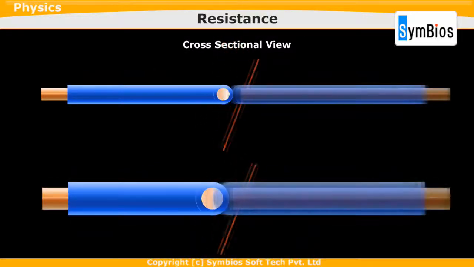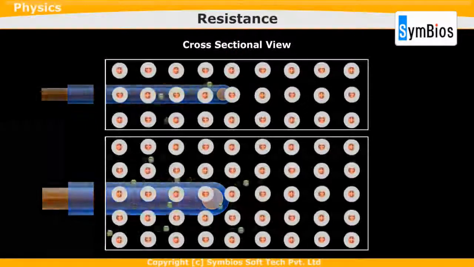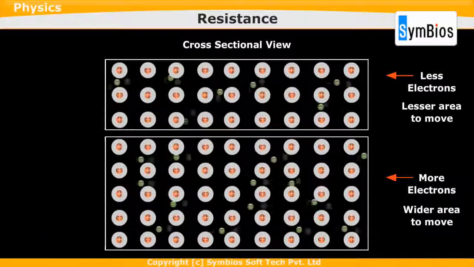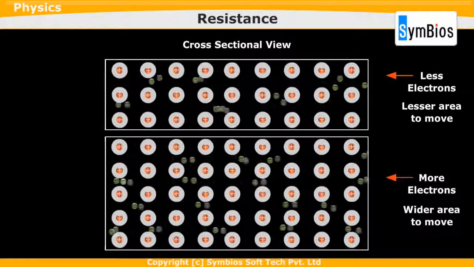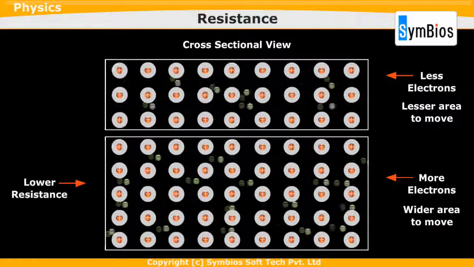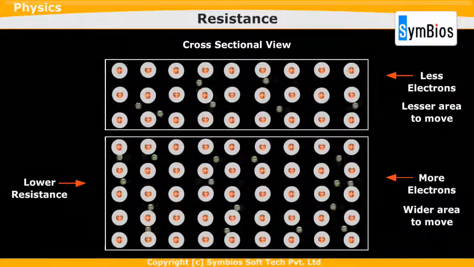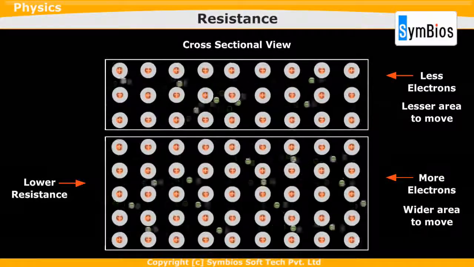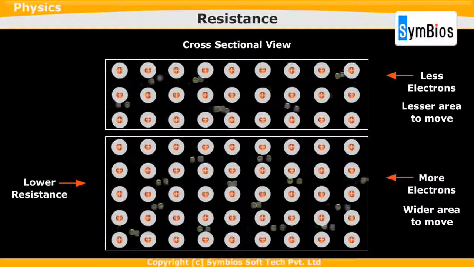The larger the cross-section area of the conductor, the more electrons are available to carry the current, so the lower the resistance. Also, there is greater space available for the electrons to move about.